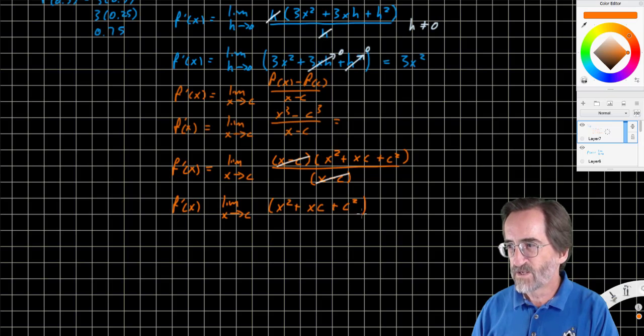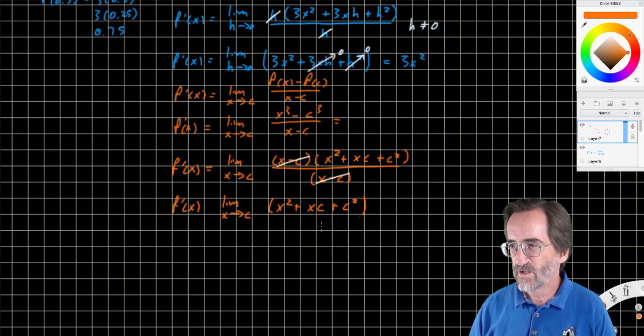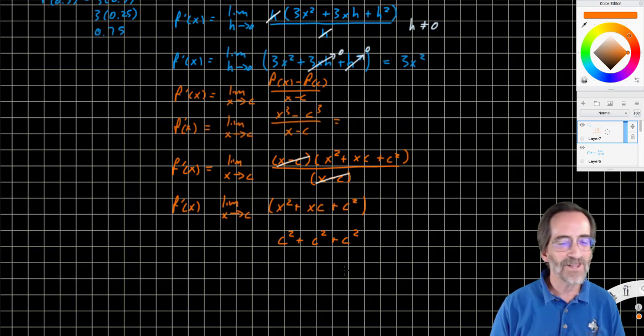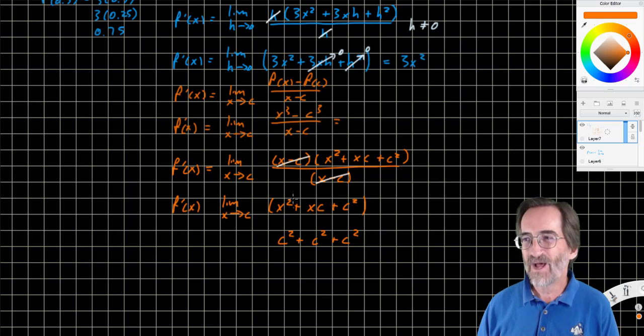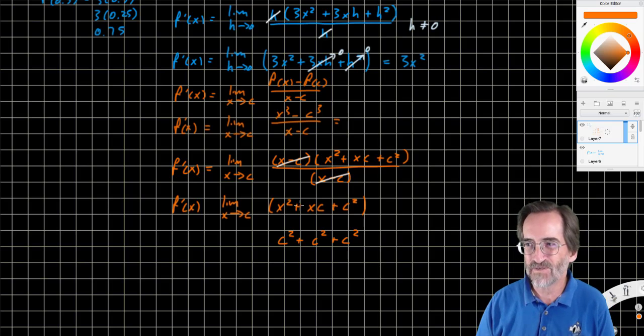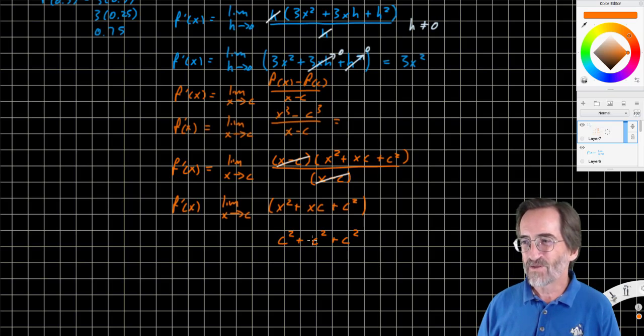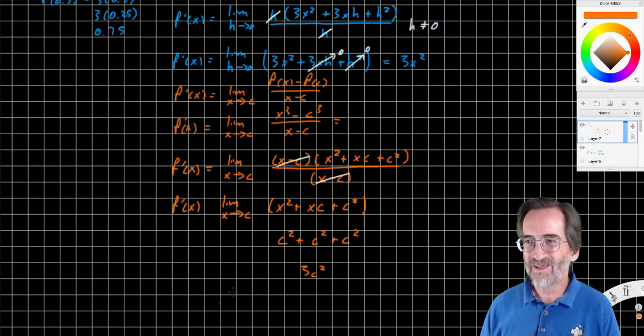As x approaches c, this becomes c squared plus c squared plus c squared. I love it when something works that you didn't necessarily anticipate. But it happens to be because we happen to know the pattern for factoring a difference of cubes. What is c squared plus c squared plus c squared but 3c squared? Yay!